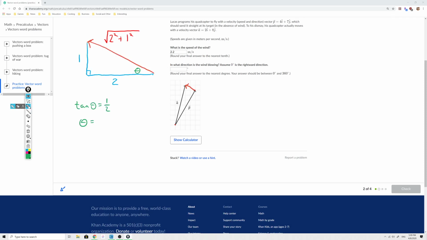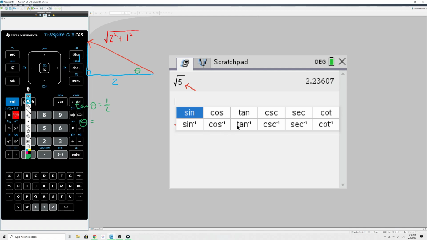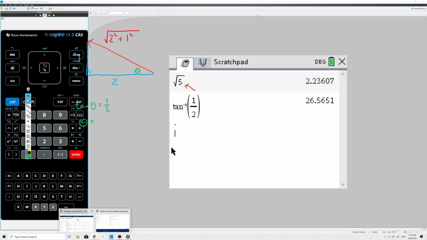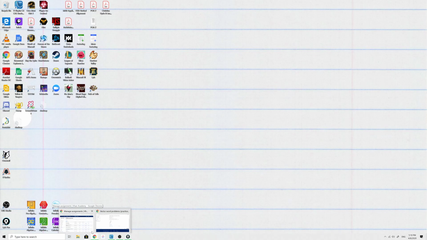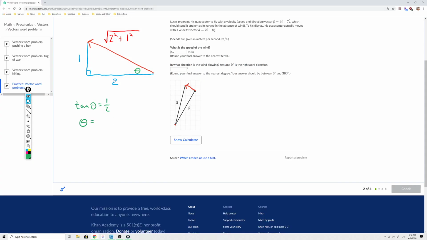And let's go back to the calculator for that. So we have the inverse tangent of 1/2. And we get 26.57 degrees. So theta is 26.57 degrees.